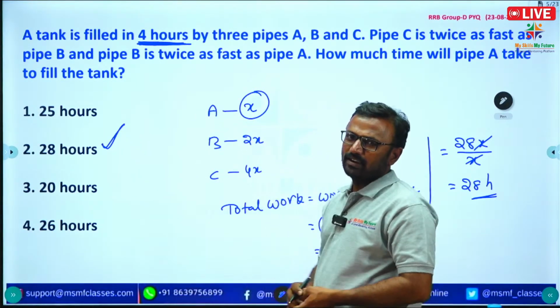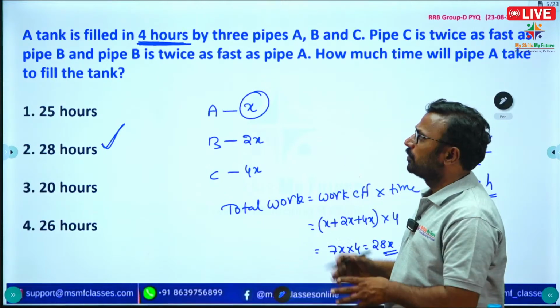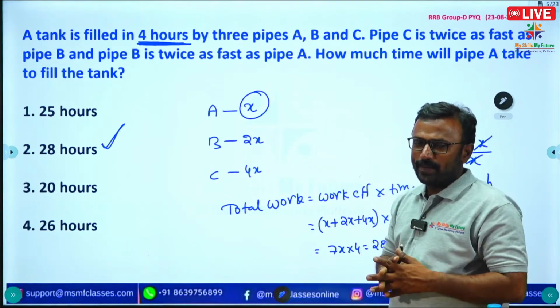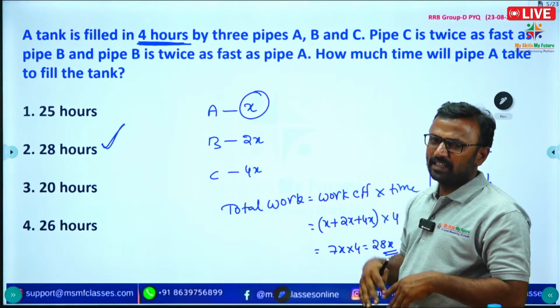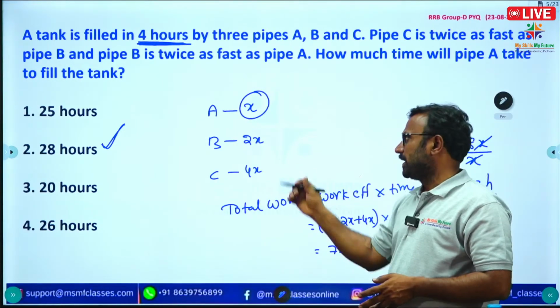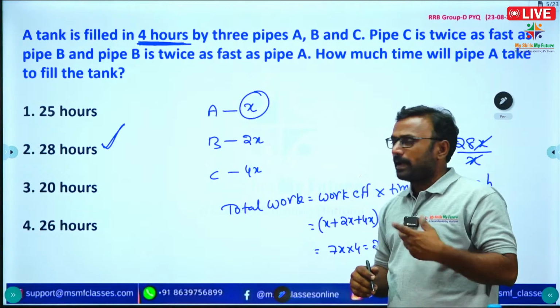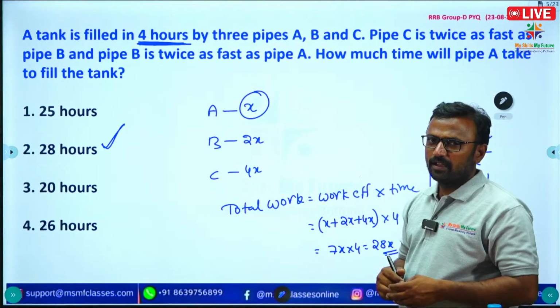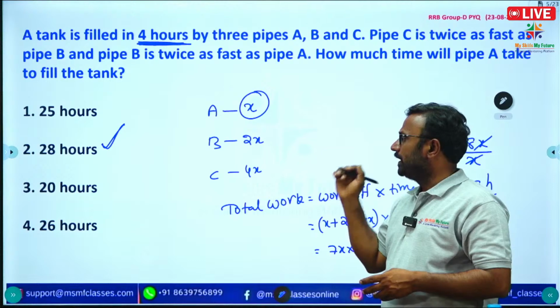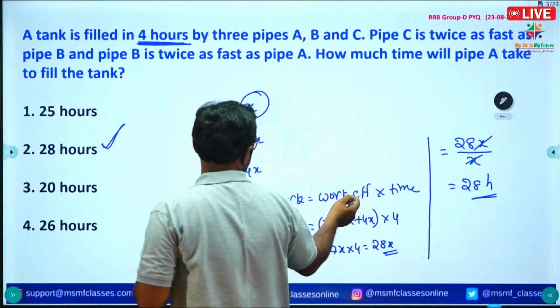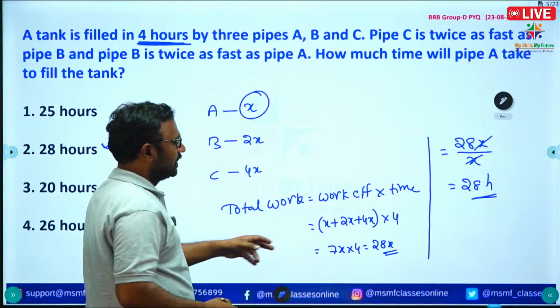So by using time and work, we can solve the problem. They gave that 3 pipes fill the tank in 4 hours, and they gave the efficiency of the pipes: pipe B is twice as fast as pipe A, and pipe C is twice as fast as pipe B. So, total work is efficiency into time, that is 28x.